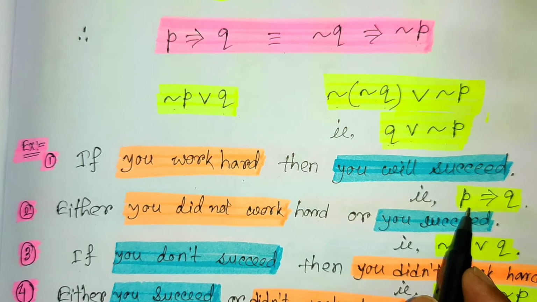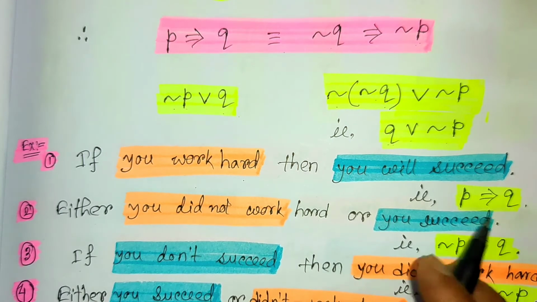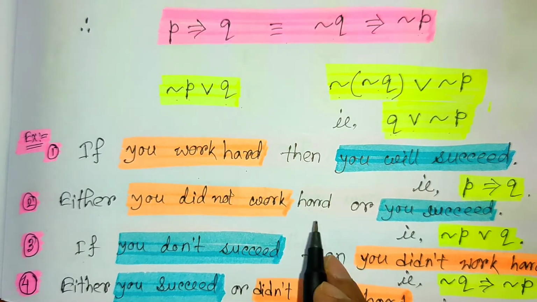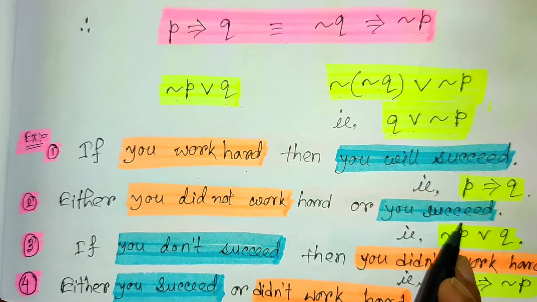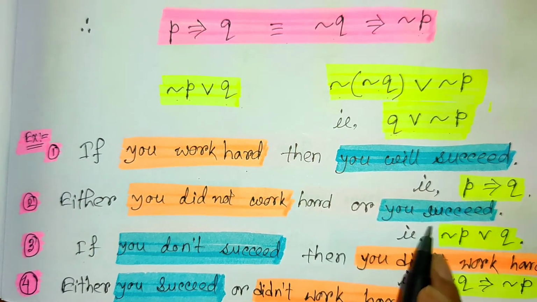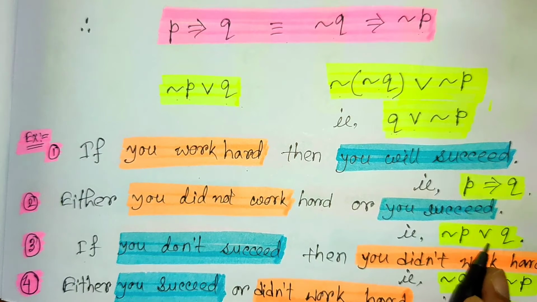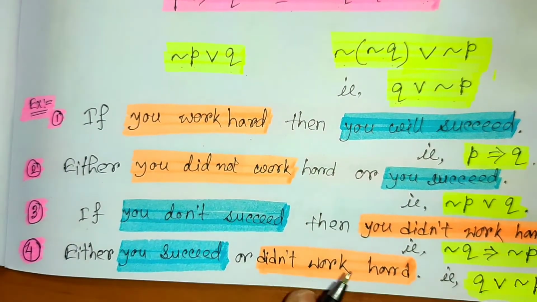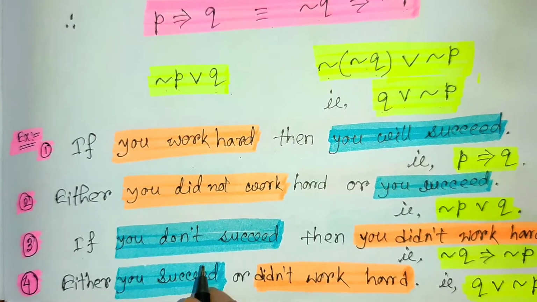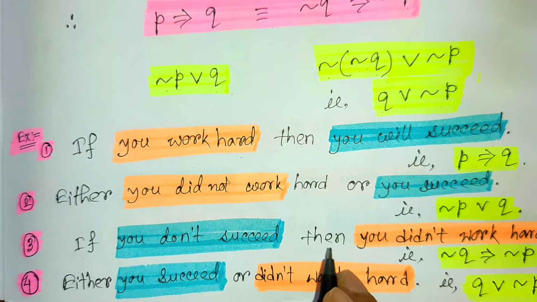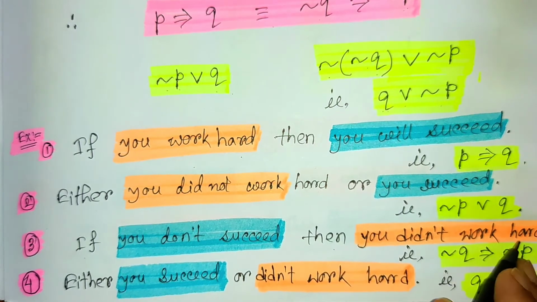This one is nothing but P implies Q, that we know. So, now if we write this one as either you did not work hard or you succeed, that is nothing but not P or Q. So, this is the expression for this one. Now, if we write this one as if you don't succeed, then you didn't work hard.